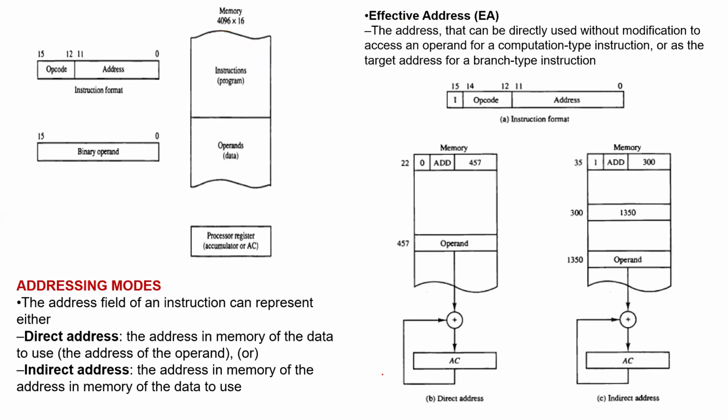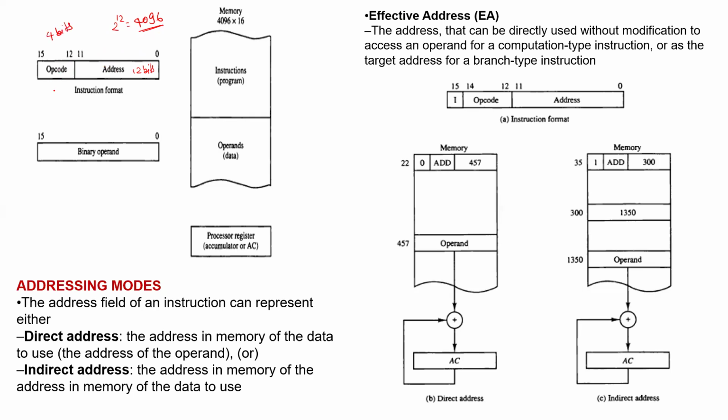Okay. Now if you see the instruction format here, it has 16 bits. Bits 0 to 11, that is 12 bits, are given for the address for this particular computer. Here 2 to the power 12 is 4096, so that's why we are talking about 4096 addresses. These 12 bits are the address bits. Then bits 12 to 15, these 4 bits, are for the opcode.